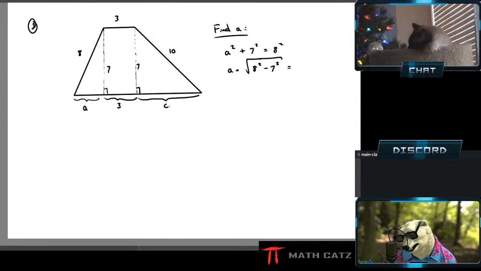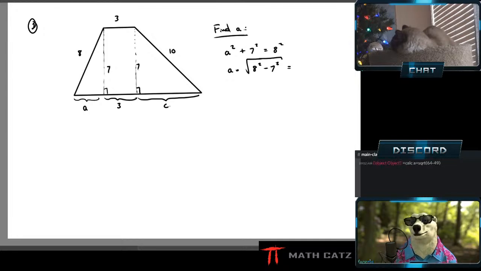Everyone's different, right? Let's call that A, and let's make it the square root of exactly what I have here. I can at least do 64 minus 49, maybe like that.